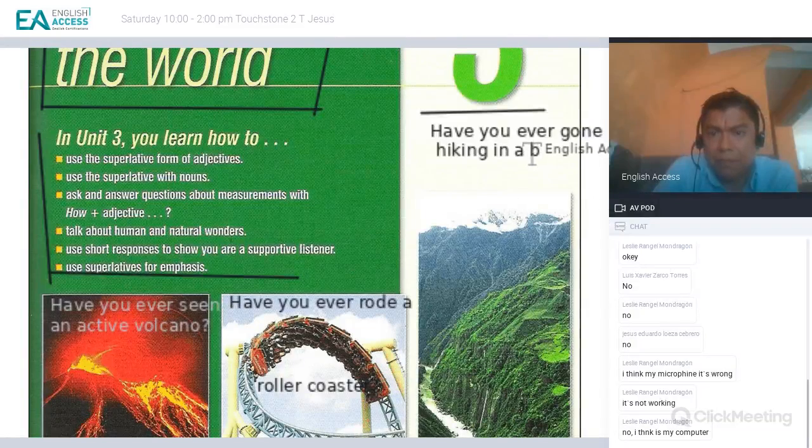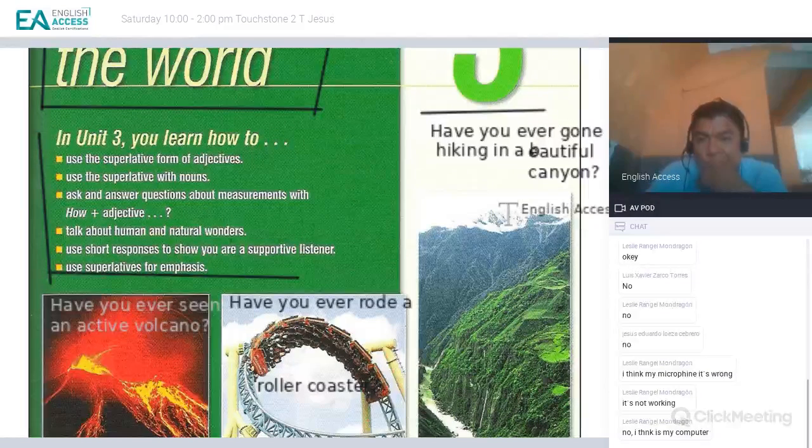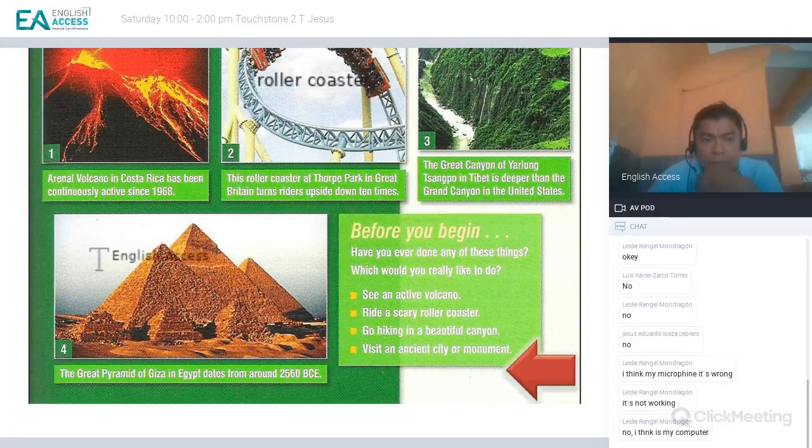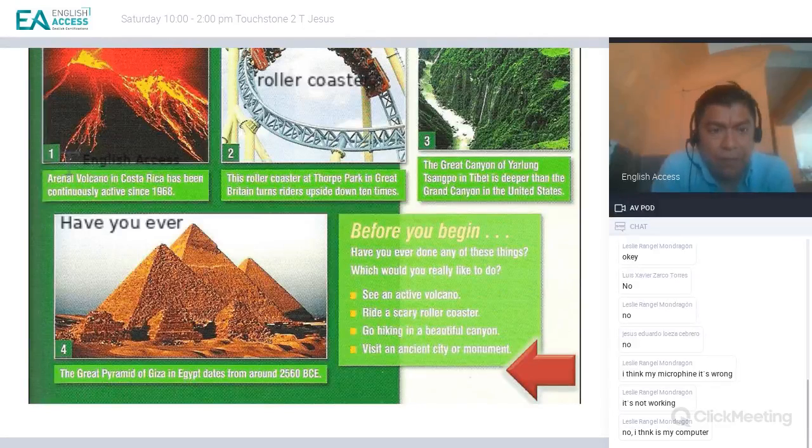Beautiful canyon. Like that, okay? Now, number four. What is the question number four? Have you ever visited an ancient city or monument?